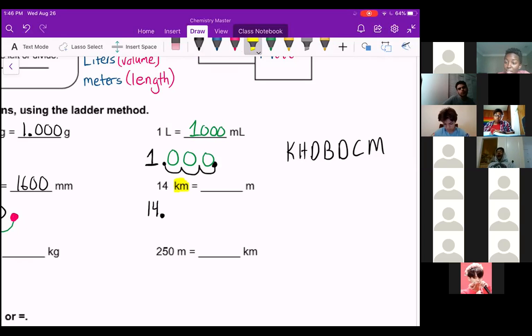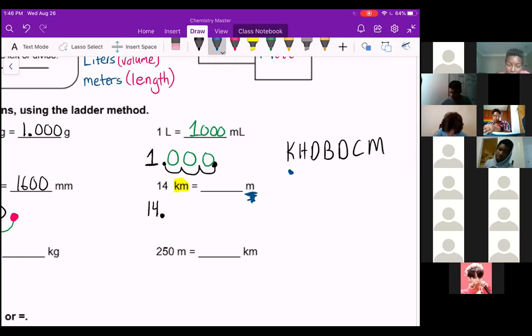So, yeah, you're right. There's a KM, so we will be starting right here. So I'm just doing it right here now, all right? And we're trying to move to M. Jamie, where would the M be? We're starting at kilo and they're trying to get us to this M right here. So where would that be in the boxes?